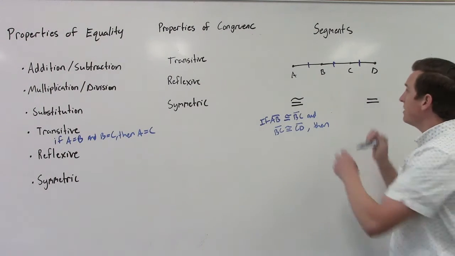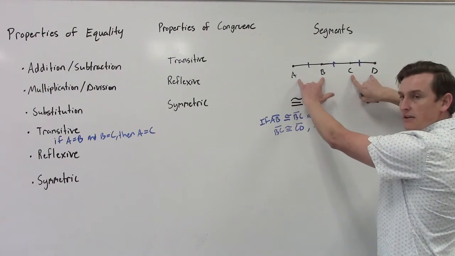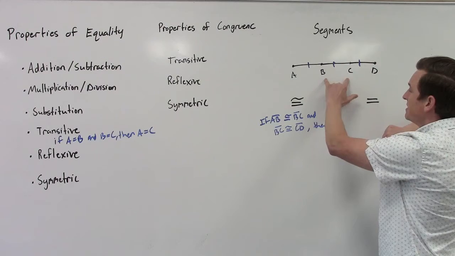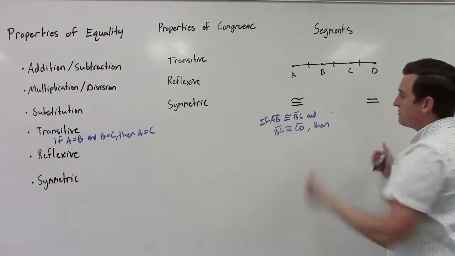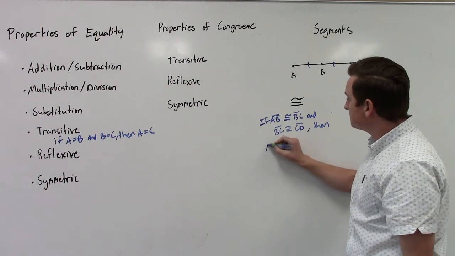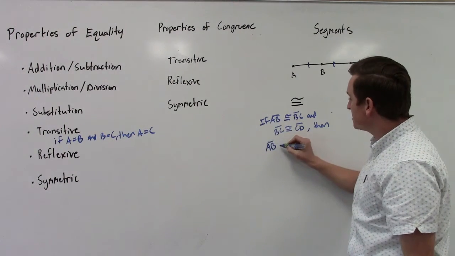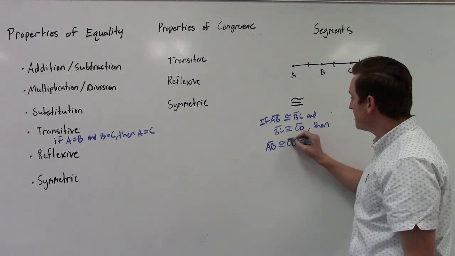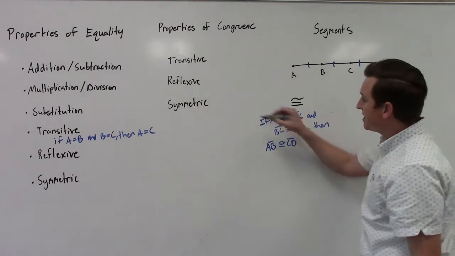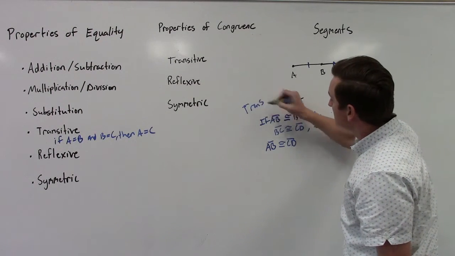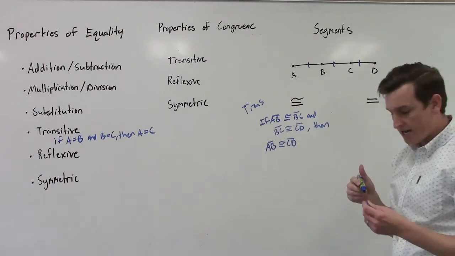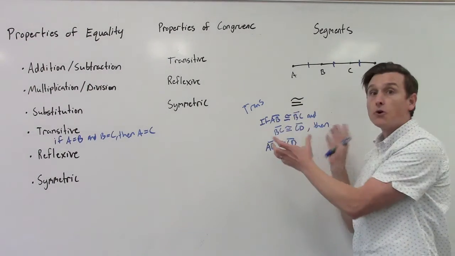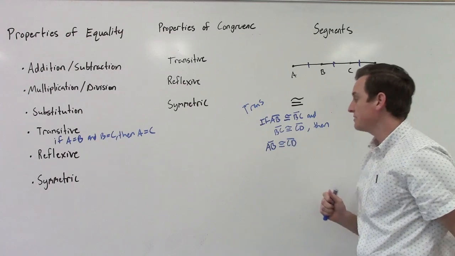That means these two have to be congruent to each other. If this is congruent to this one and this is congruent to this one, then these two have to be congruent. So we can jump over the middle one and say AB, our first segment, is congruent to CD, our last segment. That's how the transitive property looks when we're talking about congruence and segments.